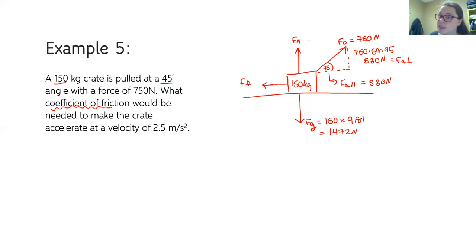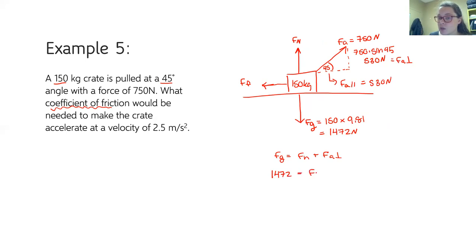All right, what's the normal force? Well, we need to find the normal force, and we know that the normal force and this applied perpendicular force have to balance out the force of gravity. So the force of gravity is equal to all the upwards forces, which is normal force plus the force applied perpendicular. The force of gravity is 1,472.